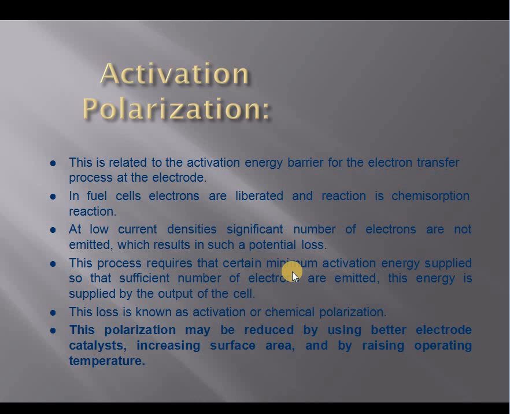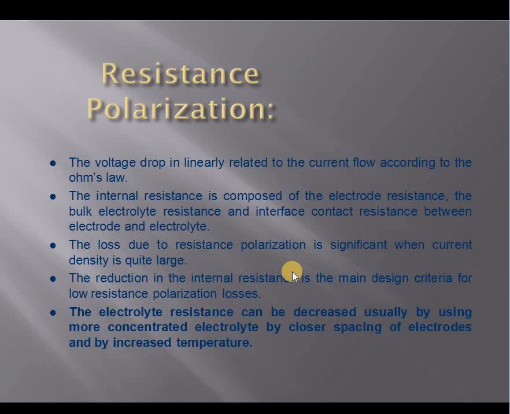The polarization taking place during this process is known as activation polarization or chemical polarization, and it may be reduced by using an electrode catalyst, increasing surface area, and raising the operating temperature.